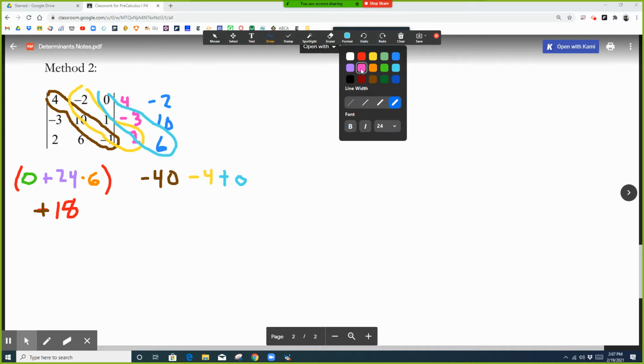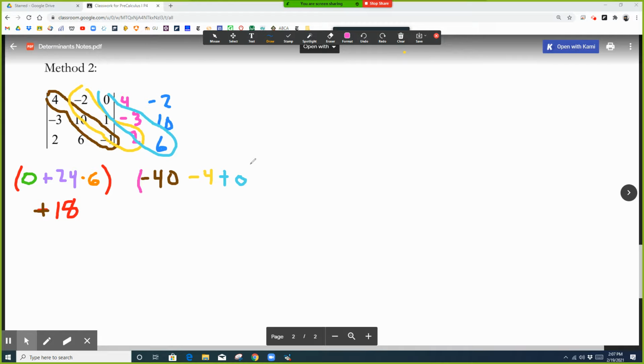Okay, add those together. And that's going to be a negative 44. Okay, and then what you do is you just subtract those two numbers. So 18 minus negative 44 would be 62, which is the same number that we got when we did it earlier.